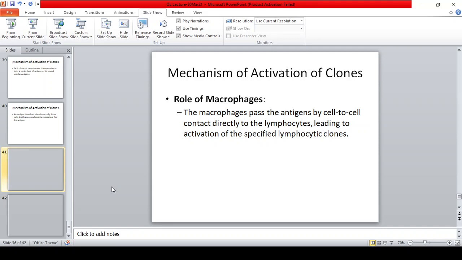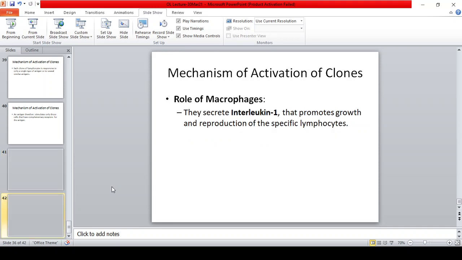Another factor is that these macrophages secrete interleukin 1 that promotes the growth and reproduction of the specific lymphocytes. So this is the role of the macrophages in the activation of clones.